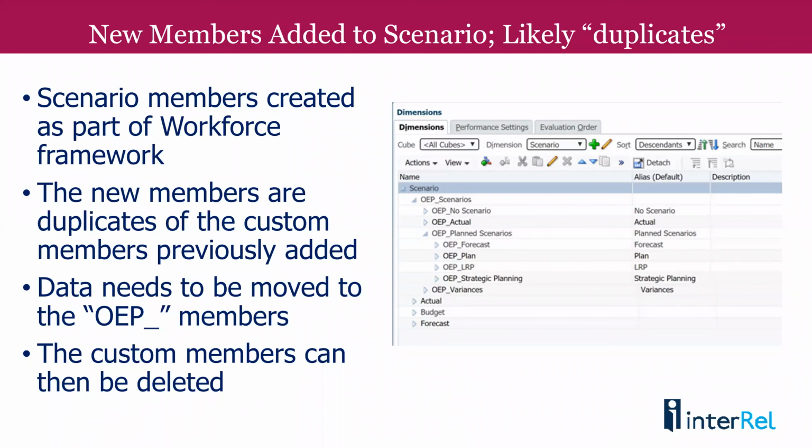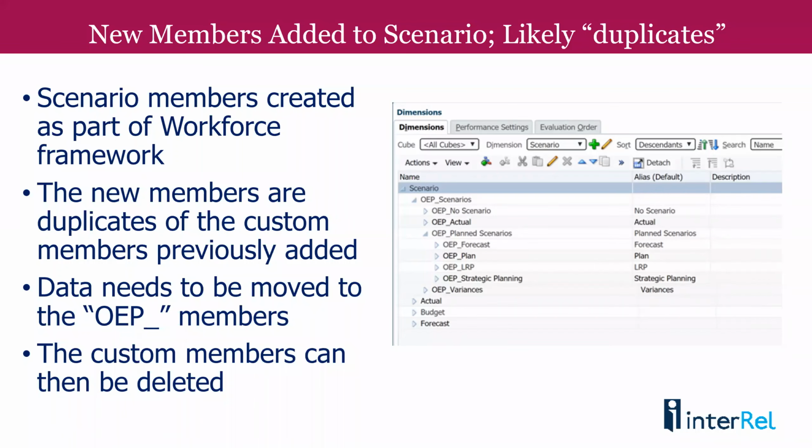So it's allowed, but when you try to use Smart View and you're using alias, it would say that you were vague or there's some kind of weird error because basically your actual alias is the same as this alias. And so if you're doing member name, it would be fine. But anyway, bottom line is you would have to write a rule to copy, or you could use the copy utility to copy from actual to OEP actual and then delete actual, and do the same thing for plan and forecast if that's what you're using.